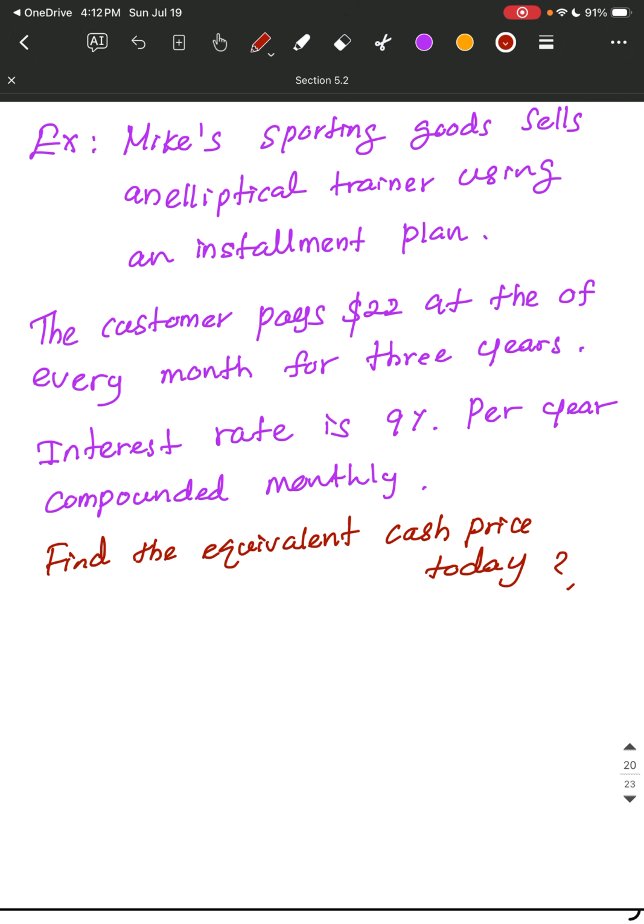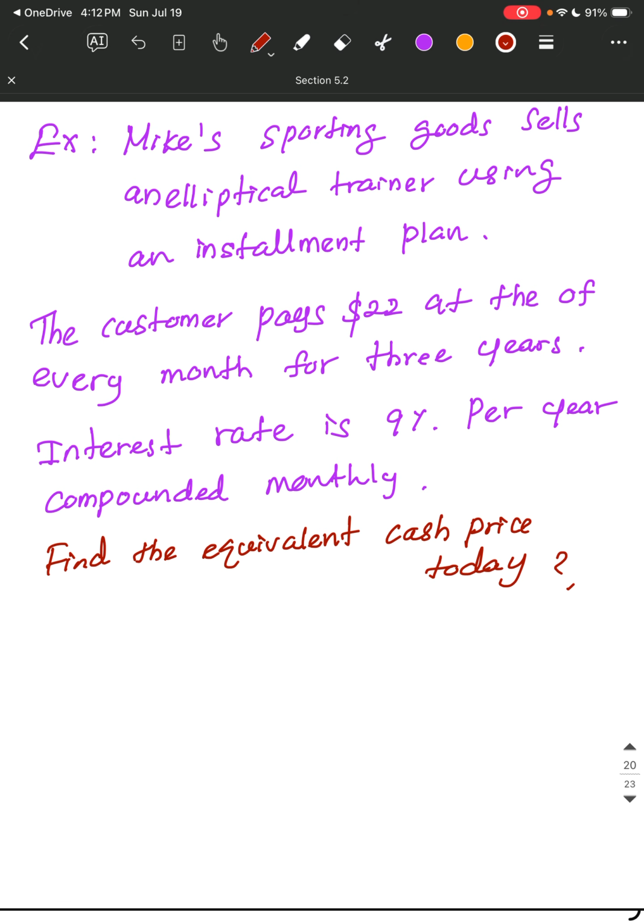If another customer pays cash to get it, then what should be the cash price today? So first of all, identify, is this a future value or present value? This is a present value because we find the equivalent cash price today.